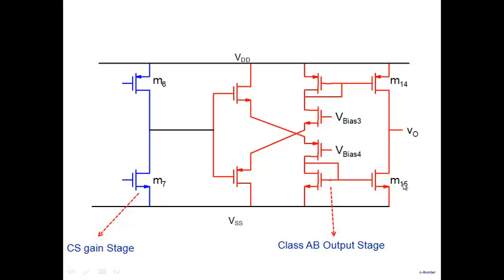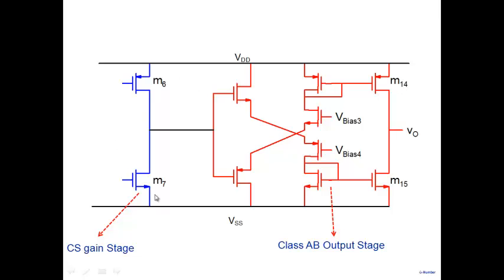Once it is positive, it travels from here, makes it more positive, and M14 turns off, because positive voltage will cause M14 to turn off. So only M15 is on. When the signal here is positive, M15 is on. When the signal is negative, M14 is on here.